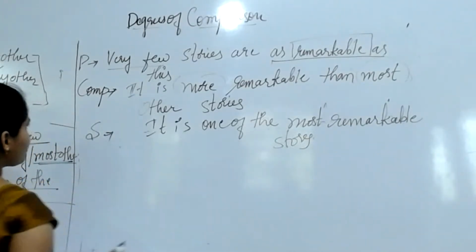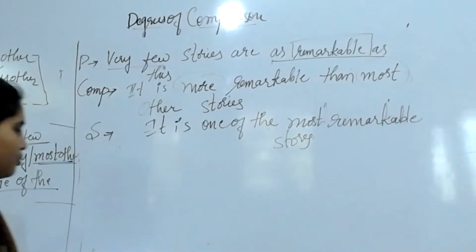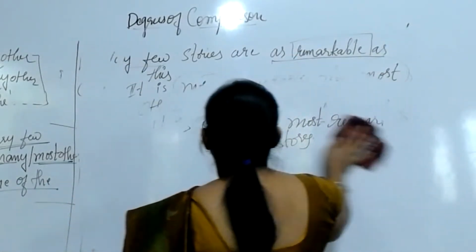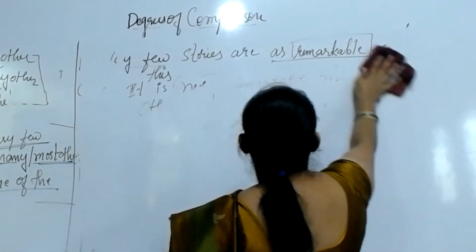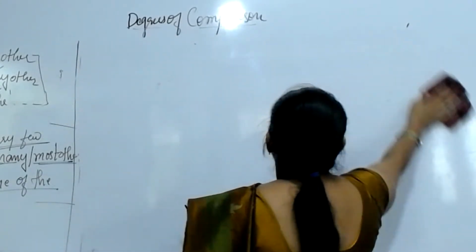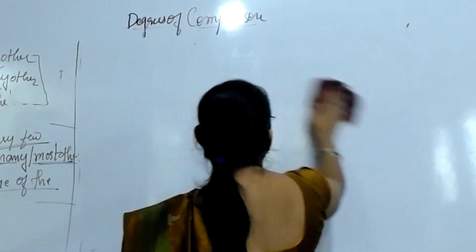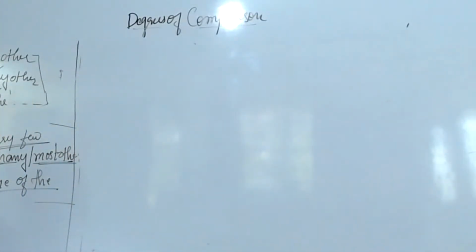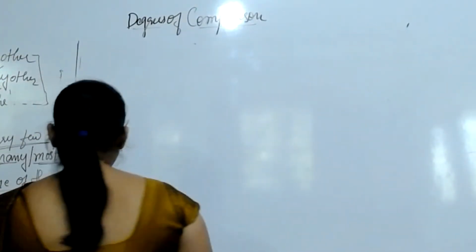It is one of the most remarkable story. And this is how you have to change the degrees: positive into comparative, comparative into superlative, three types. Okay, now another type.